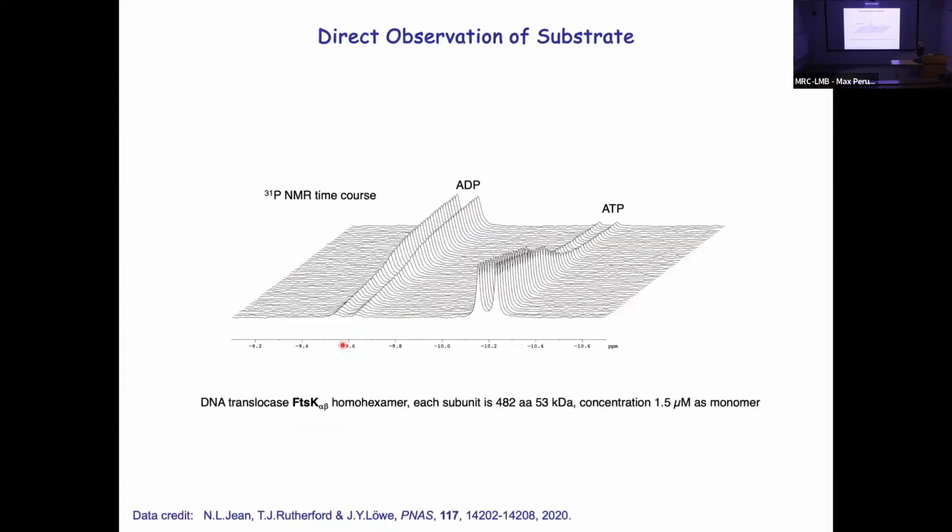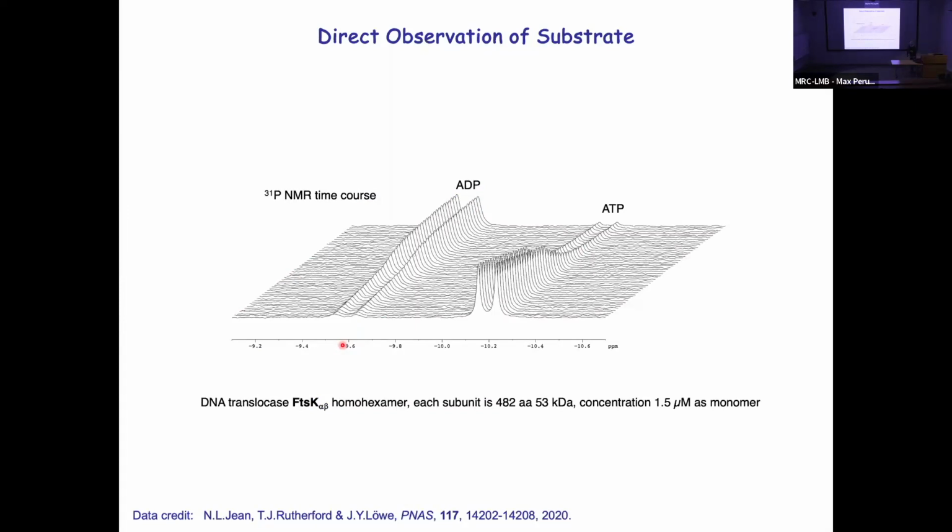We shouldn't get too fixated with the macromolecules. In this case, this is a DNA translocase. So we've got 6 times 53 kilodaltons as the total size of this, which is way outside of NMR's capability to look at the protein. However, we can look at substrate turnover, in this case, the turnover of ATP and conversion into ADP.